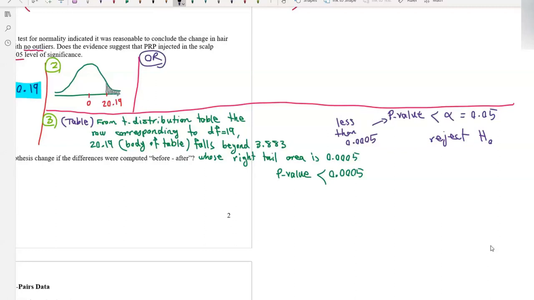Now using the TI-84. So TCDF, starting with this point, 20.19, comma, 1E99, comma, degree of freedom is 20 minus 1, which is 19.